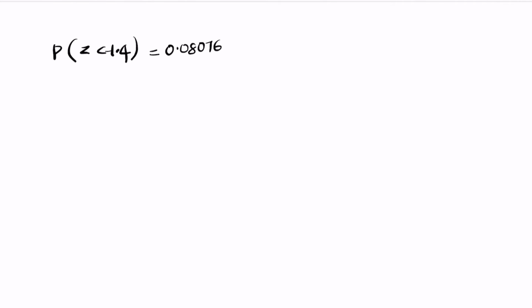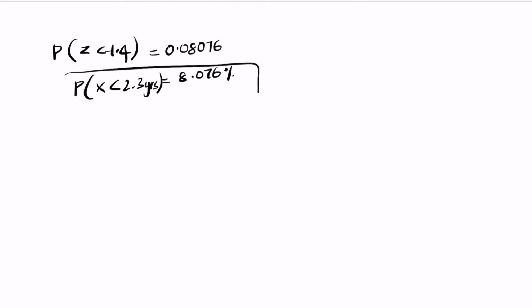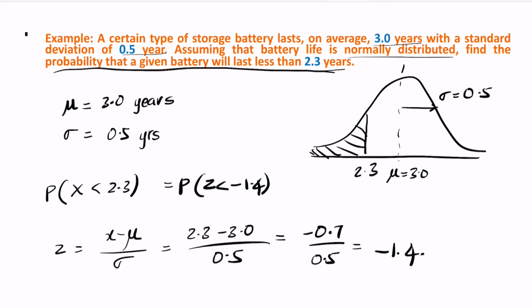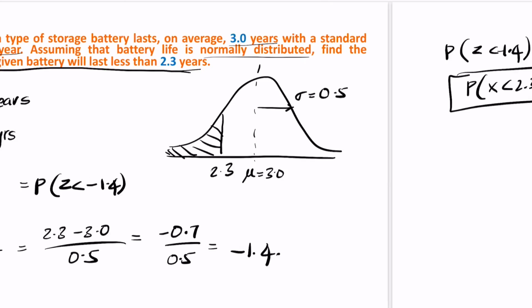So in percentage, if you want to write it, multiply this by 100. So you get 8.076%, which means that the probability of x less than 2.3 years is 8.076% or 0.08076. So this is how you can convert the problem from one value to the other value.